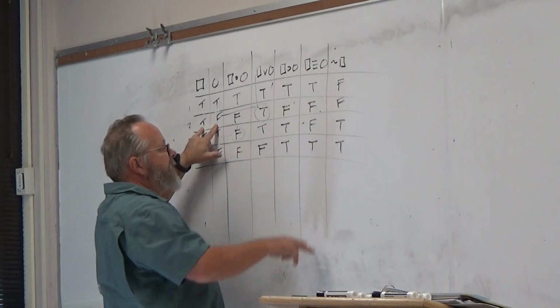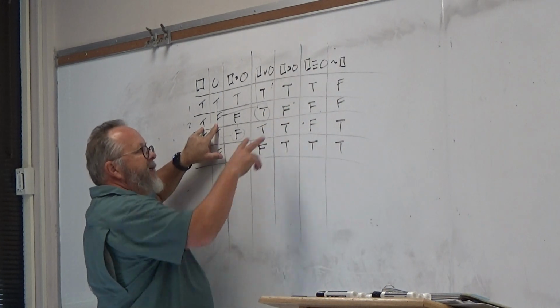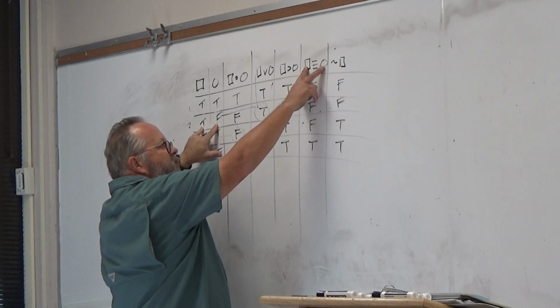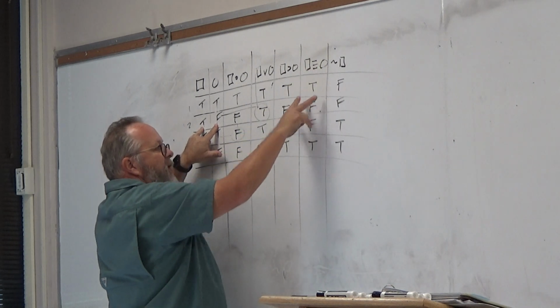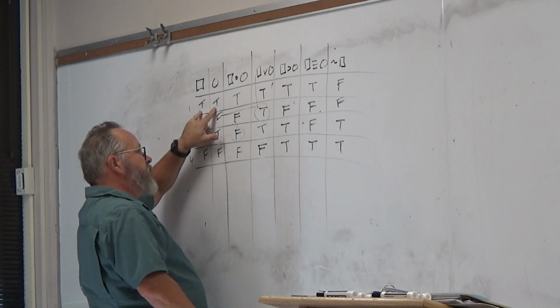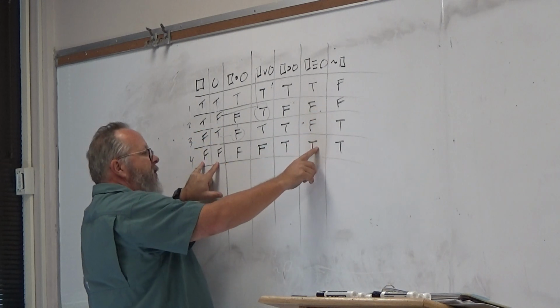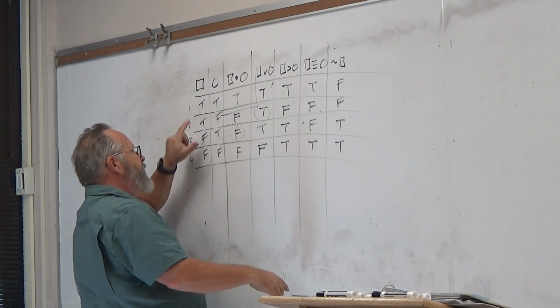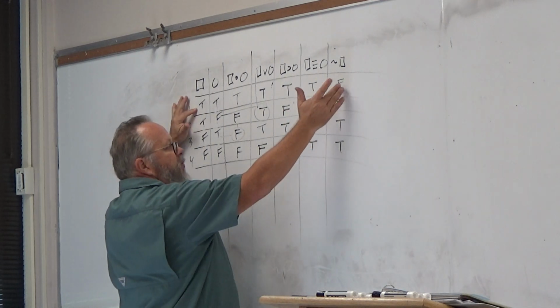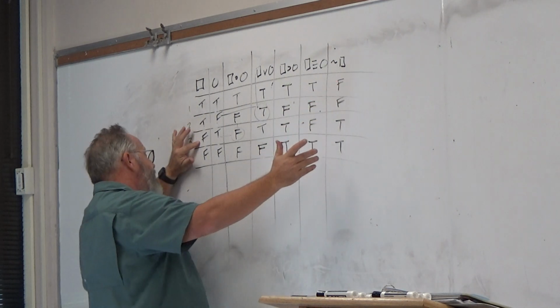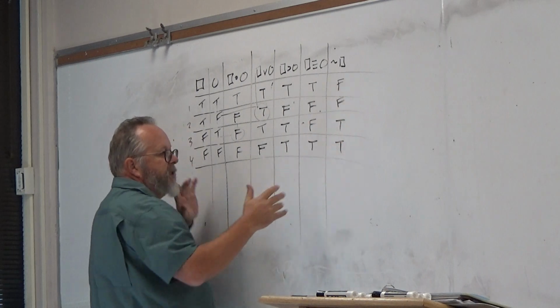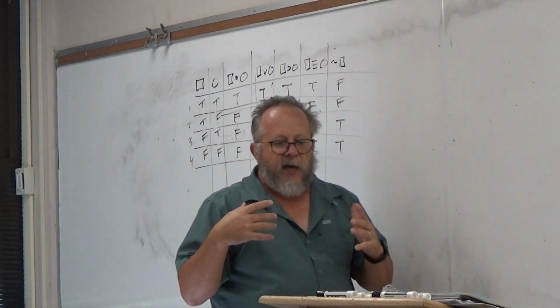Over here in the biconditional, if these two parts have the same truth value, it's true. Otherwise, it's false. See, true true is true, true false is false, false true is false, and false false is true. And of course, if the box were true, not box would be false. And if box is false, not box would be true. Okay?